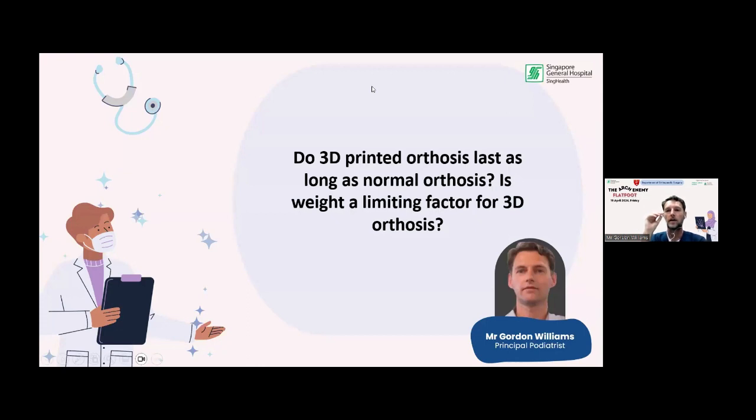But of course, it is going to get a little bit thicker. It's not going to fit as well. And it's going to be a little bit heavier. So sometimes, if we have a heavier patient, we will thicken certain vulnerable parts of the orthotic that can withstand the greater load, but it's not going to make it too bulky. It's not going to make it too heavy.